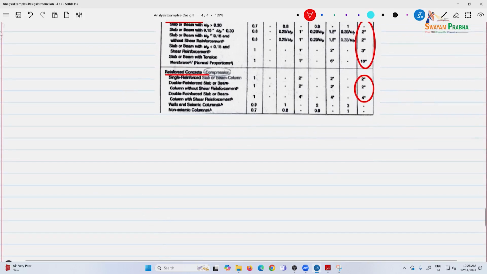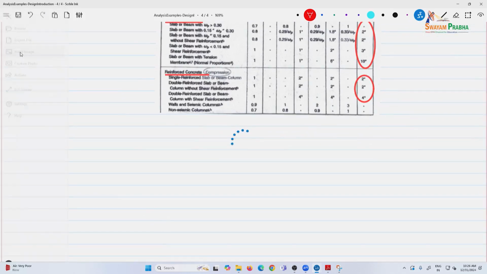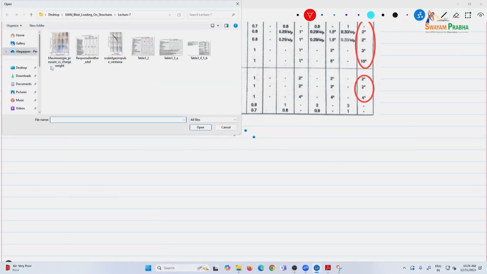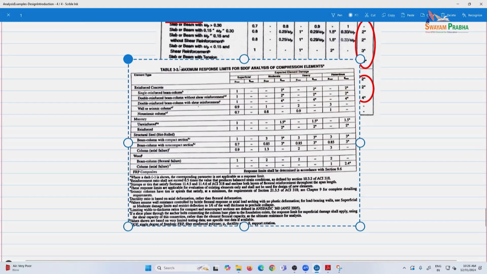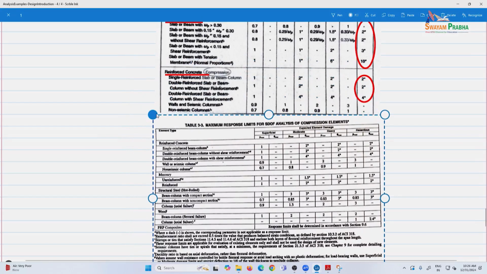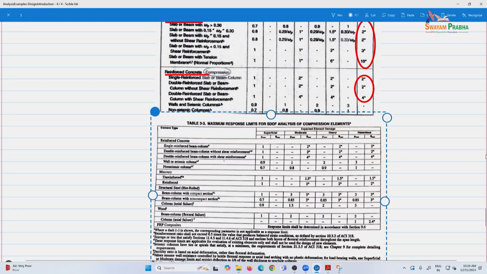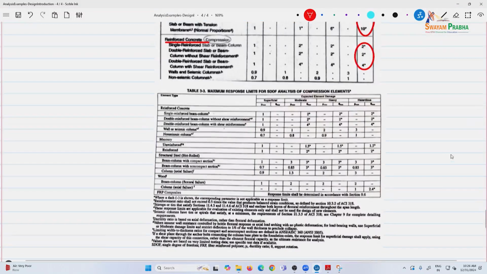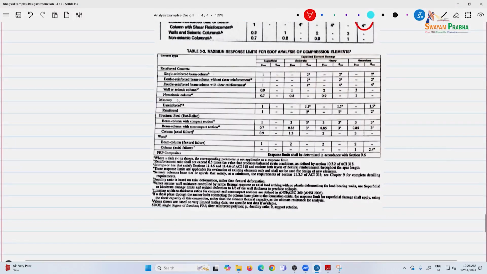The other, I'll just insert them for the sake of completeness. We have this table 3A, I think, it's continued. So basically it's the same thing. Continued for masonry.